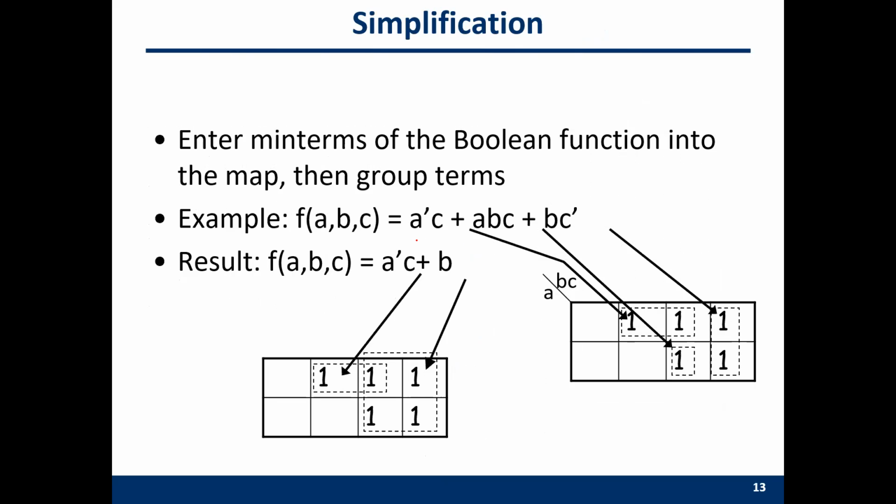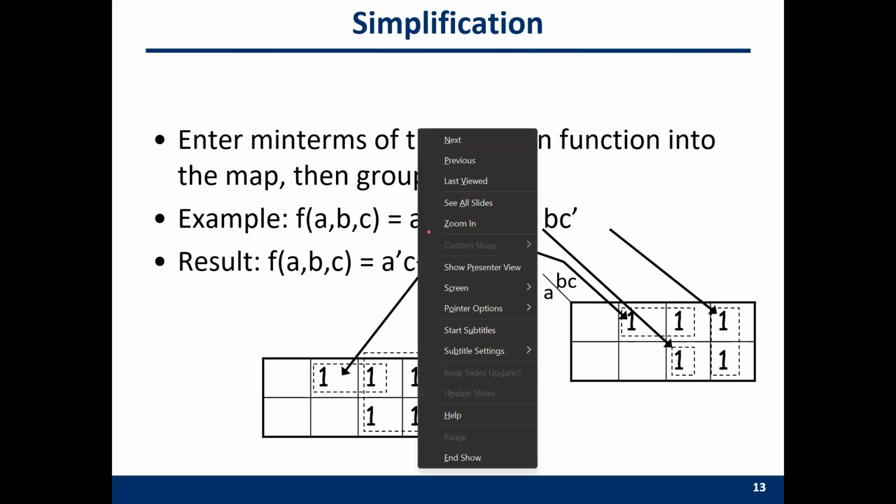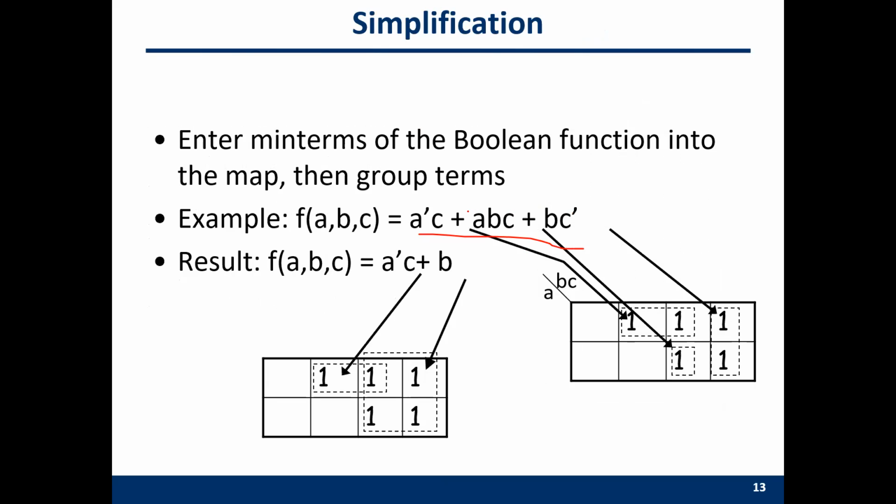For example, if you have an equation like this, then you just need to write each item into the K-map. For example, if the first item is A bar C, so this is a 0.